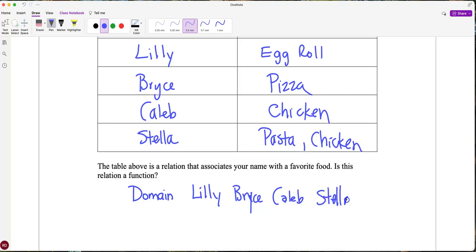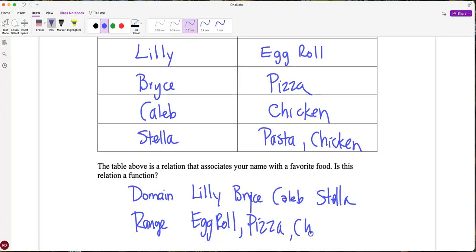That's the input. What was the output? The foods. So we had egg roll, pizza, we had chicken, and we had pasta. Now chicken happened twice, but I don't need to list it twice in the range.